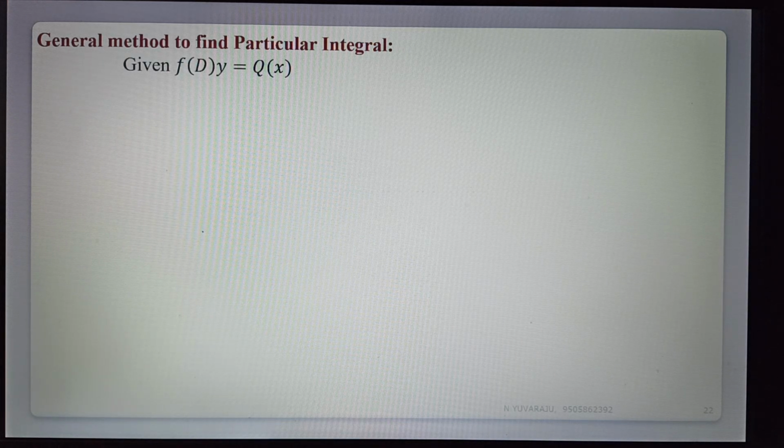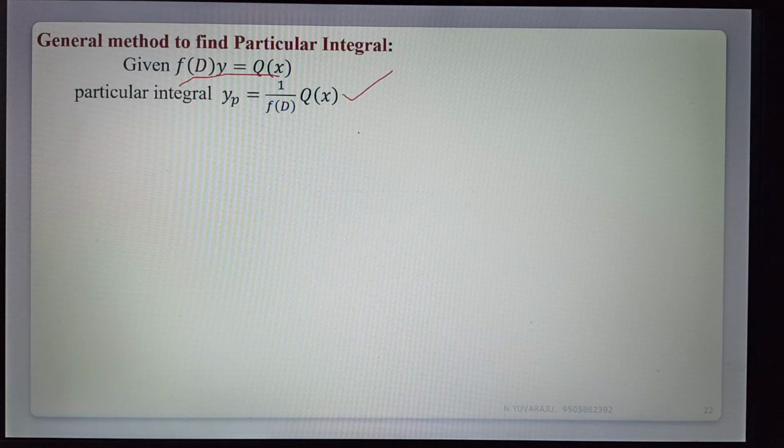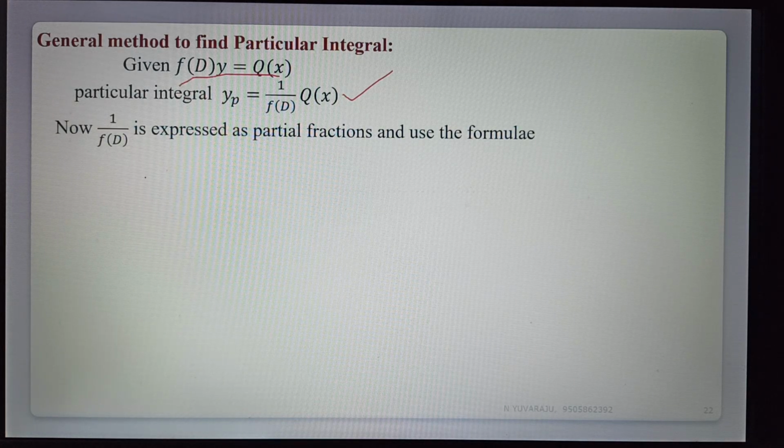Given the non-homogeneous equation f(D)y = Q(x), yp is equal to 1/f(D) Q(x). Here 1/f(D) is expressed in partial fractions, and then we use the formulas.